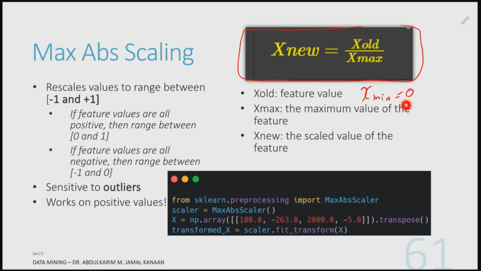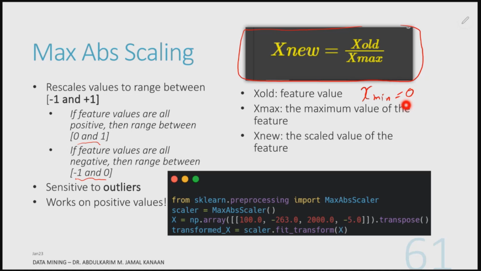So this is max ABS scaling. The values are between -1 and 1 if you have negative values. They're going to be between -1 and 0, or 0 and 1 if all are positive. Sorry, min-max scaler is only positive between 0 and 1. Max ABS scaling, I mixed between them. It might be negative if you have negative values.